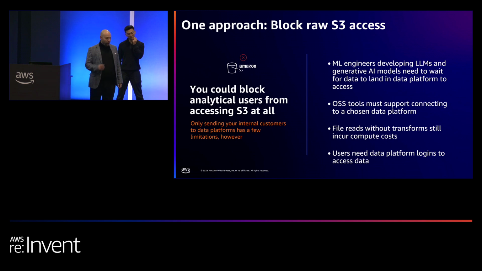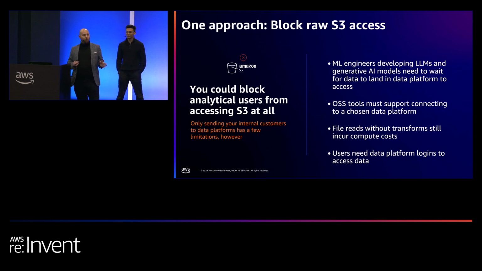Now, one approach is that when data is in S3, you could allow no raw data access directly from object storage. This allows you to control fine-grained access through specific known access points, the query engines, like Spectrum, Snowflake, Databricks, and so on. The problem with this approach is that it is limiting.